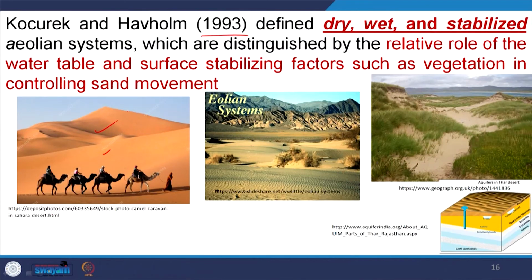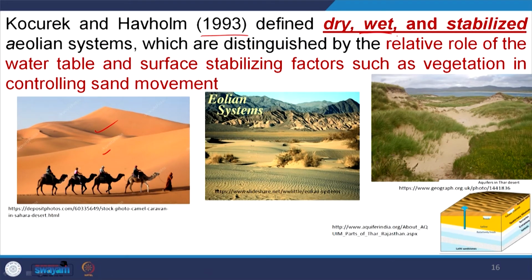These two gentlemen in 1993 defined dry, wet and stabilized aeolian systems, which are distinguished by the relative role of the water table and surface stabilizing factors such as vegetation in controlling sand movement. One is the dry dune, that means free movement. If you see these photographs, frequent change in the dune position, frequent change in sand supply, it is dry.